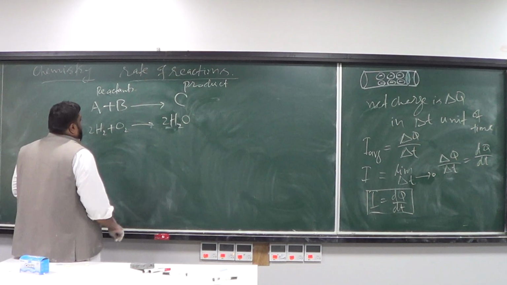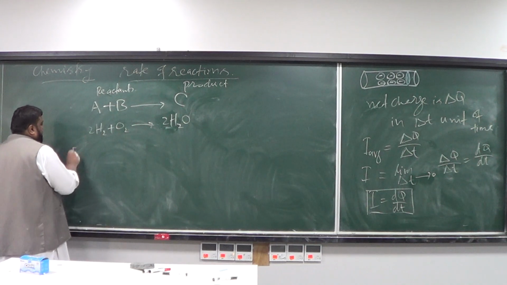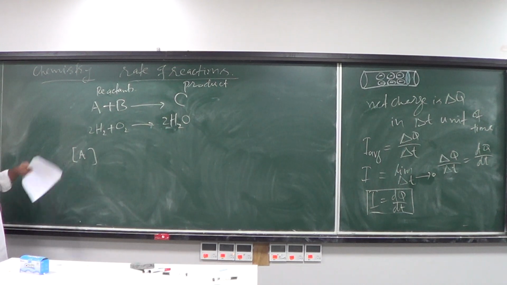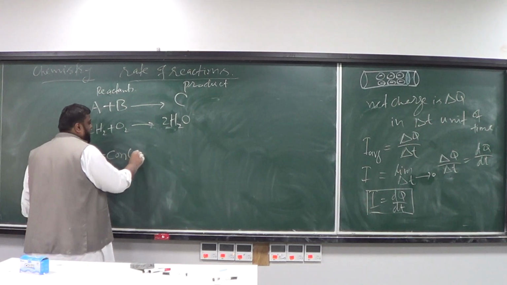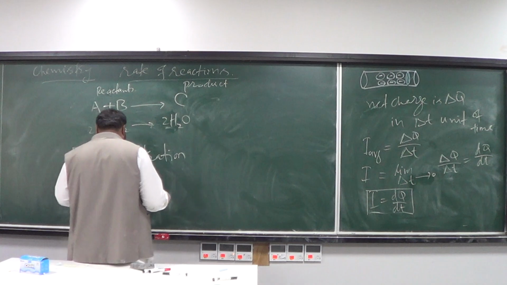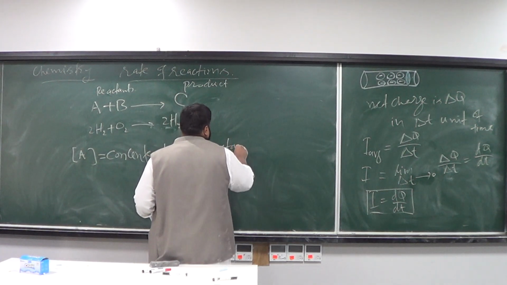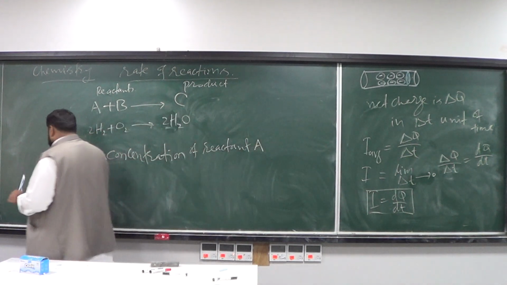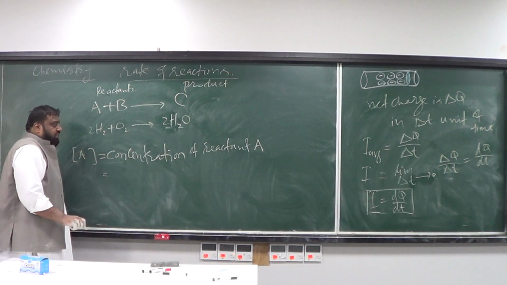Alright, so what we want to model here. I'm going to denote this notation, and I'm going to say this represents the concentration of a reactant A in the chemical reaction. And how do you define the chemical concentration of the reactant?